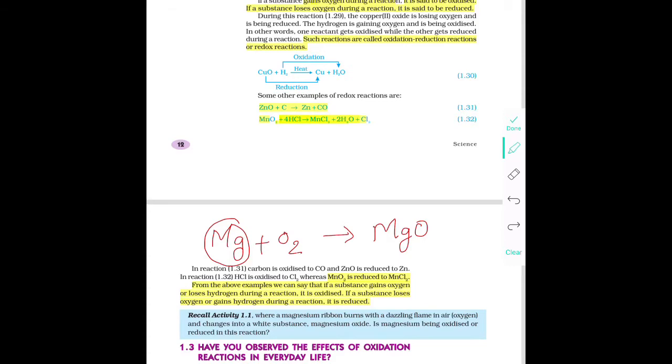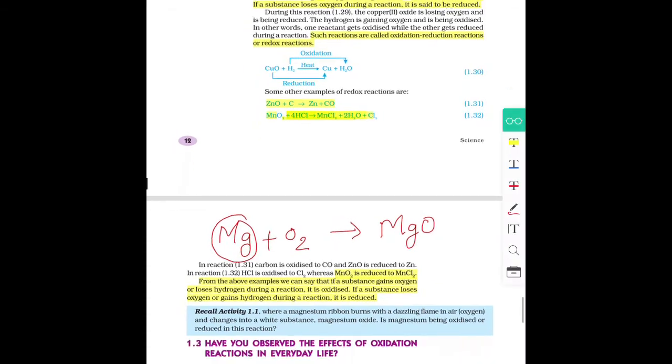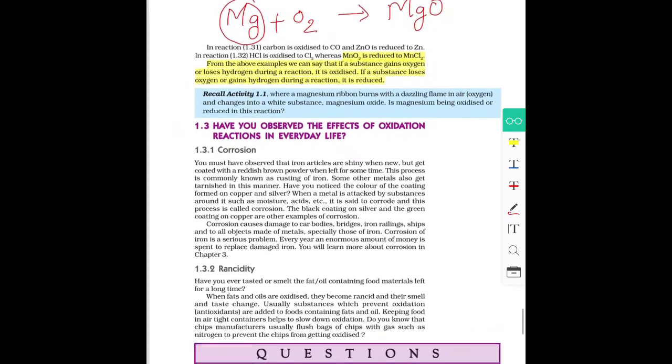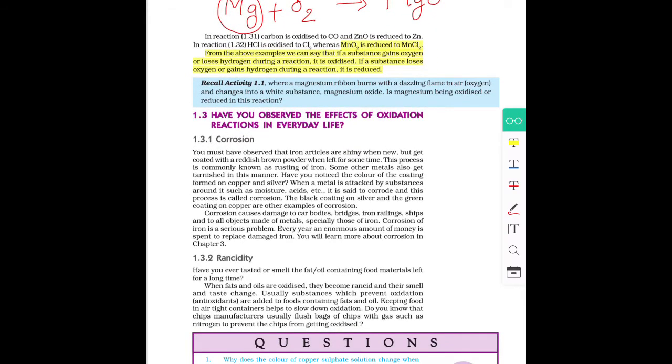Let us move further and see how you have observed the effect of oxidation and reduction in everyday life, and how these reactions affect our daily needs. Corrosion. You must have observed that iron articles are shining when new, but get coated with a reddish brown powder when left for some time.